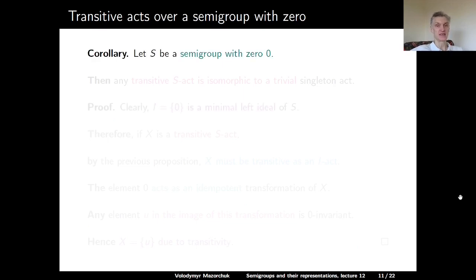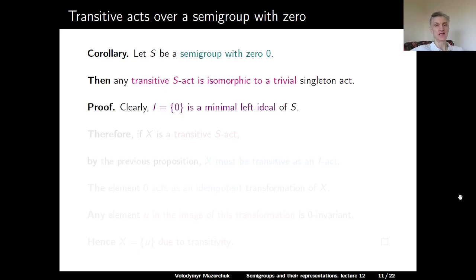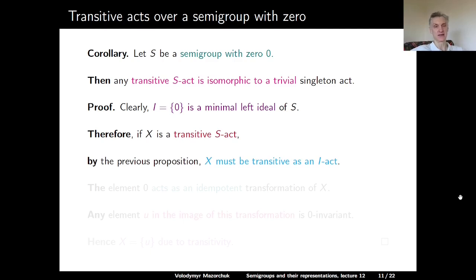Let S be a semigroup with 0. Corollary: any transitive S-act is isomorphic to a trivial singleton act. Proof. Clearly, the subset of S which consists of the 0 element is a minimal left ideal of S, and so by the previous proposition, if X is a transitive S-act, it must be transitive as an act over the 0.